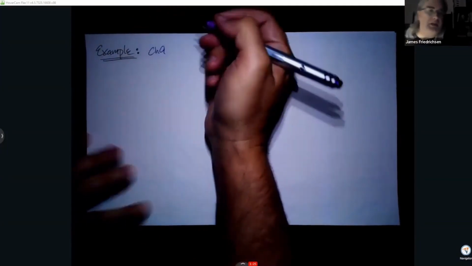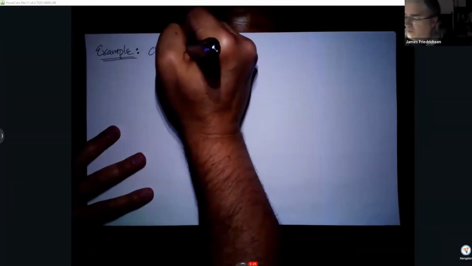Let's take a look. This will be chapter 9. So I got to specify which chapter because we're doing 2 together, but really we're just in 9 at the moment. This will be number 16. So it reads that it's a flywheel.